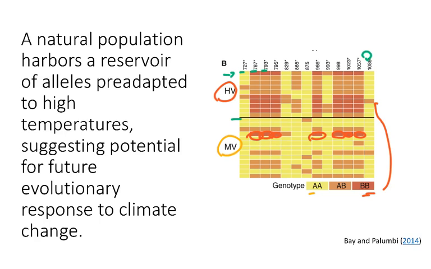So again, we said higher genetic diversity is needed to be able to adapt to changing conditions, right? Evolution is only able to act on variation that is already present in the population. So if we think about this moderately variable pool, overall right now, most individuals have this A genotype. Some of them, though, do have this B allele. So if temperatures were to shift in that pool to become warmer, there is the potential for those individuals that have that B allele to be able to survive and then reproduce.